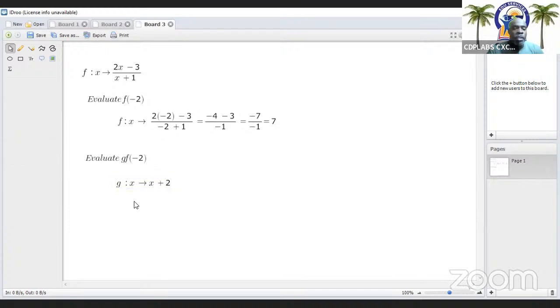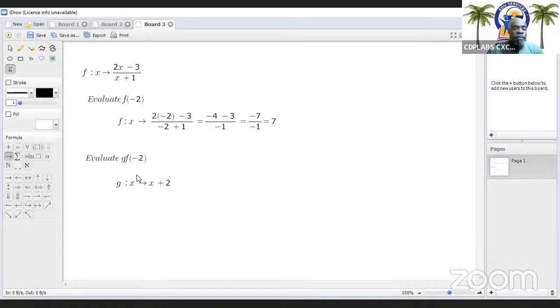So the composite function now, because we know the answer for f of -2, we can just put where x is in g of x. So this now will become g of f of -2, and that is going to be equal to 7 plus 2. So this answer is equal to 9.